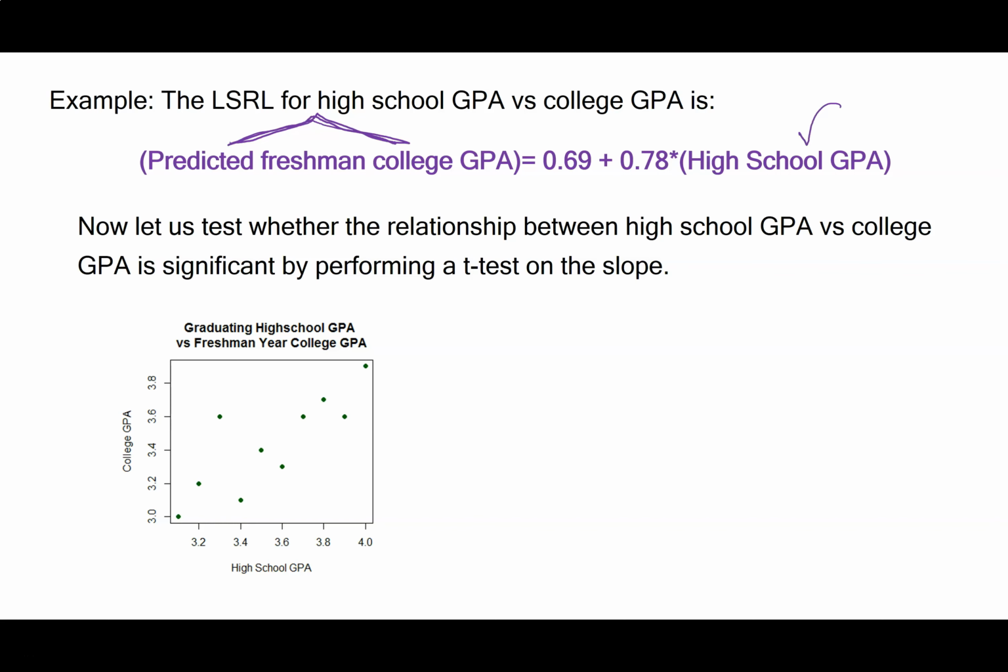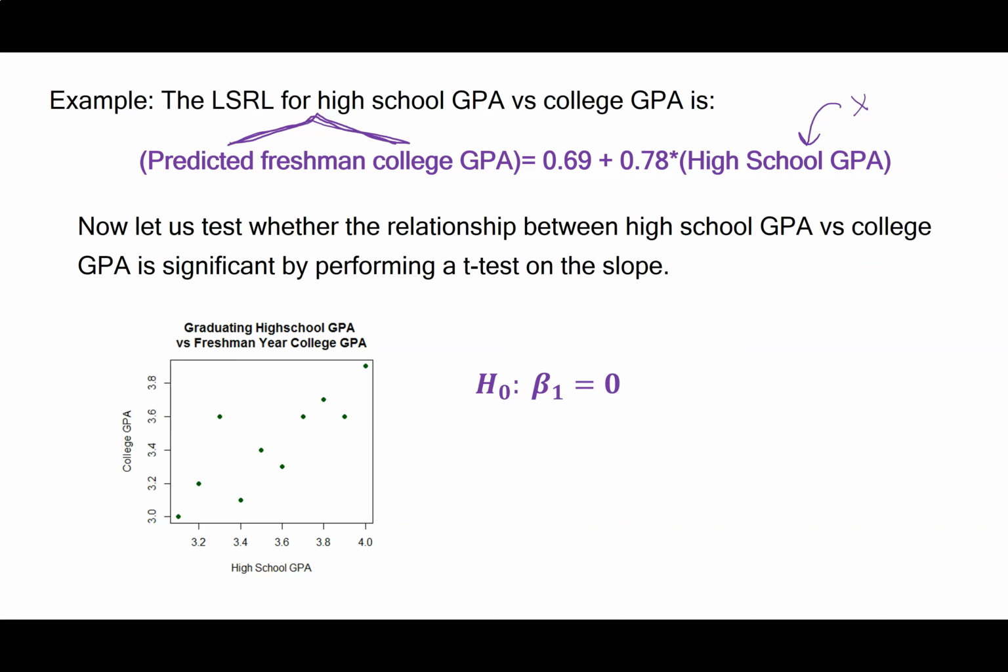So you can write X, but if you write X, you should write X is equal to high school GPA somewhere. So now we want to test whether the relationship between high school GPA versus college GPA is significant. Basically, is high school GPA useful in predicting college GPA? That's what we're getting at. Is it any more useful than just guessing the average college GPA, really?